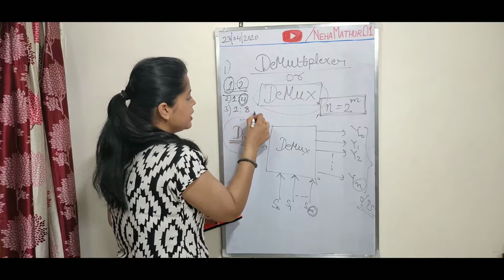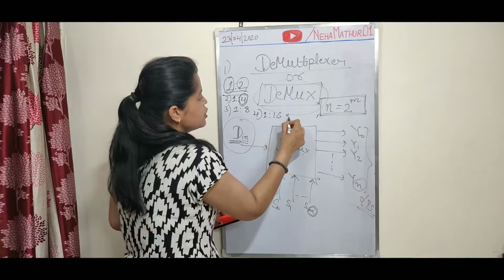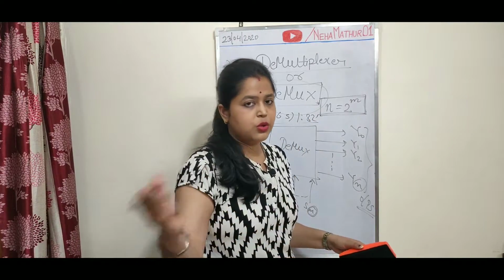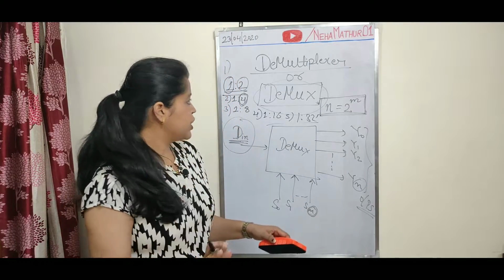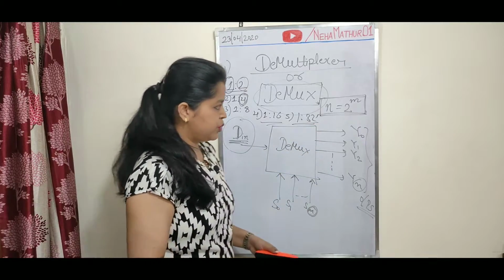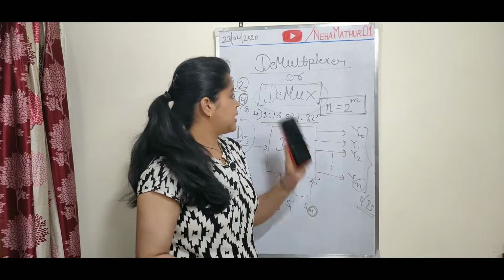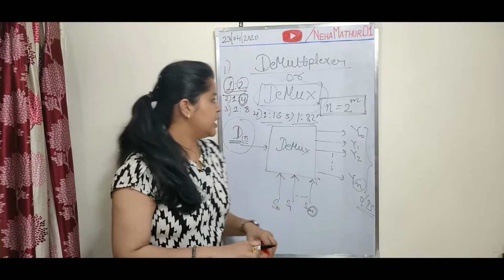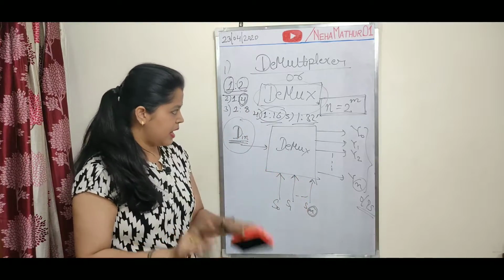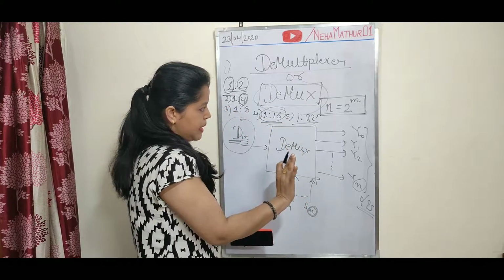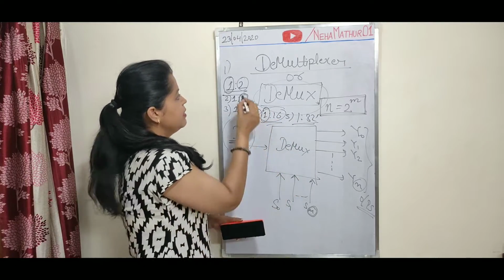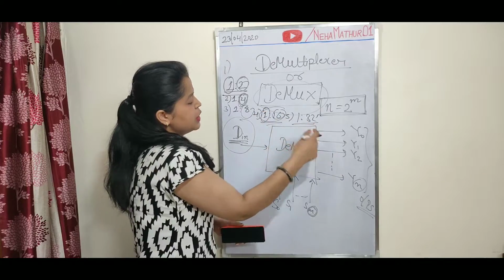Similarly, 1:8, 1:16, 1:32, 1:64, and so on. This is the type of demultiplexer, and with the help of this representation, you can simply categorize their classification: all the types of demultiplexer in which you will have only a single input and n number of outputs, and n varies like 2, 4, 8, 16, 32, and so on.